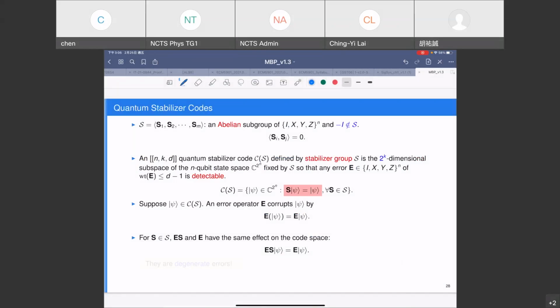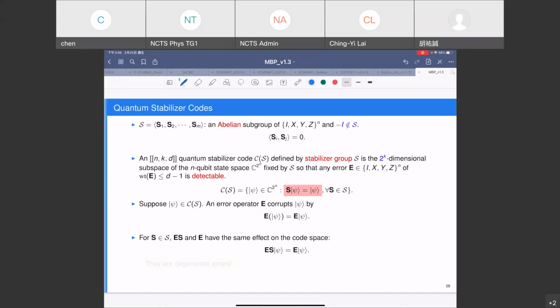When an error occurs, it collapses the quantum state by E operating on Psi. When you measure the stabilizers, if the error anti-commutes with a stabilizer, you will get a minus sign in the measurement outcome, -1. You measure the generators of the stabilizer and see some patterns.